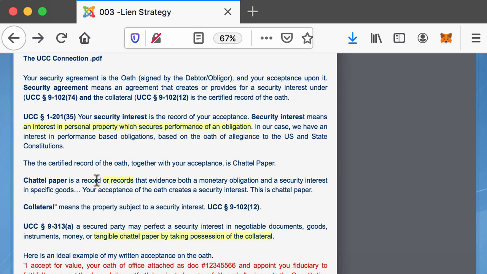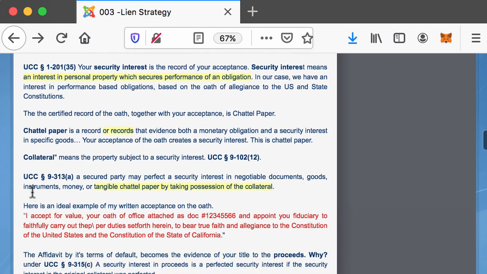Chattel paper is a record or records that evidence a monetary obligation. That's the bond backing the oath. So once you find the statutory code that there's a fidelity bond backing the oath, there's your monetary obligation. And the security interest in specific goods is your security interest in the performance, because that is what was under the pledge. Those are the specific goods. Your acceptance on that is the formation of that contract. Your acceptance of the oath creates a security interest. This is chattel paper. I already gave you the definition of collateral.